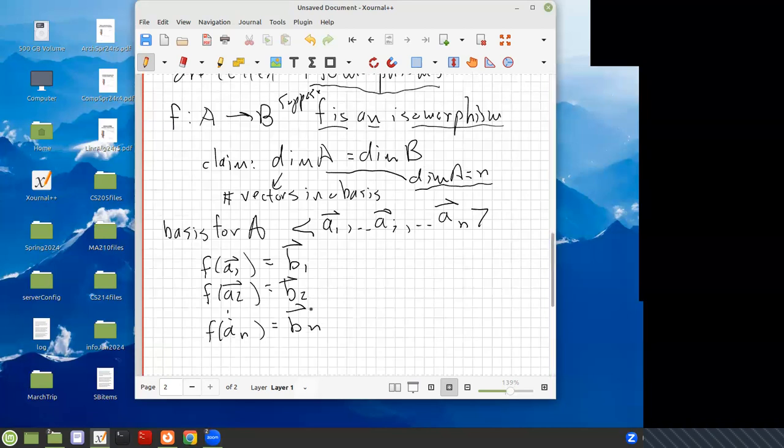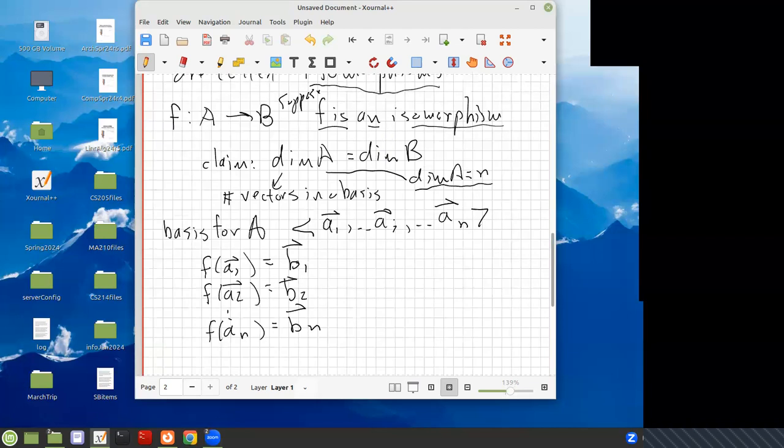So we have n vectors here, and if we could show that B1, B2, up to Bn is a basis for B, and that all of these were distinct, we'd have n vectors and could show it was a basis. Then that would show that the dimension of A was the same as the dimension of B. So how can we know?